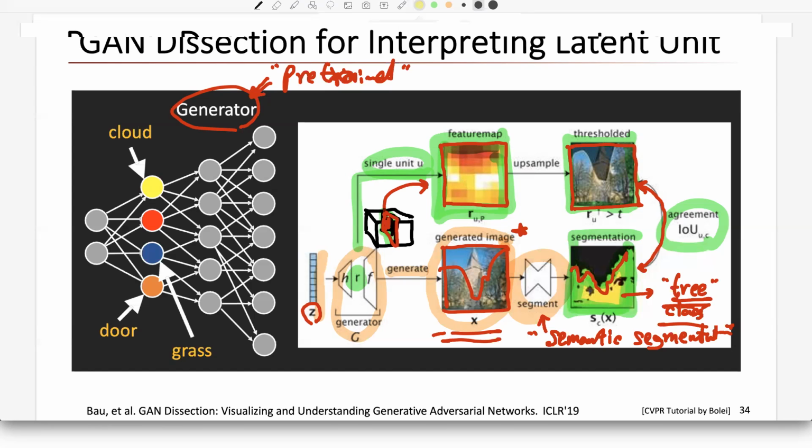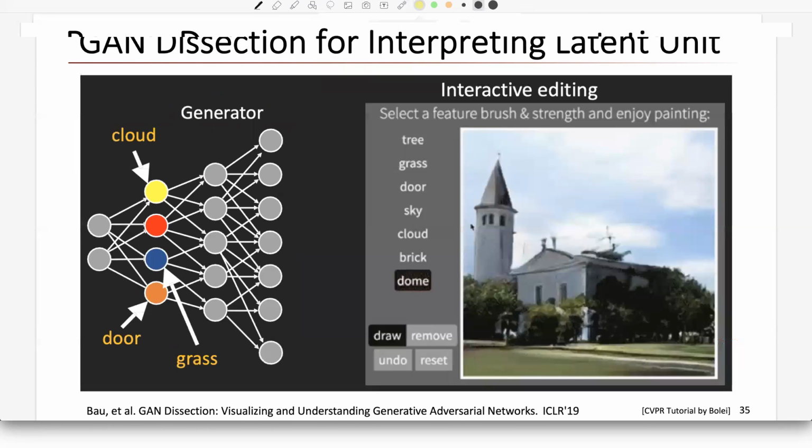So it was the paper in 2019 in ICLR. So what can we do? What can we do with this interpretable latent unit? Okay. So if we already know this latent unit works for the door class, and this latent unit works for the glass class, and this latent code for the cloud class, then what can we do?